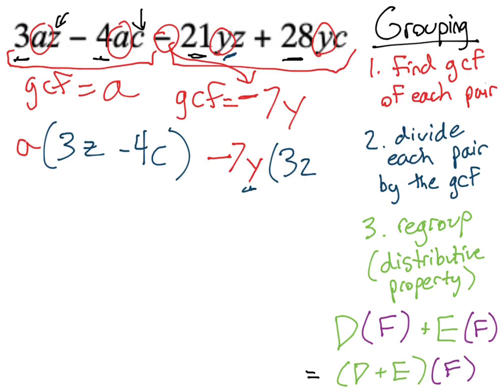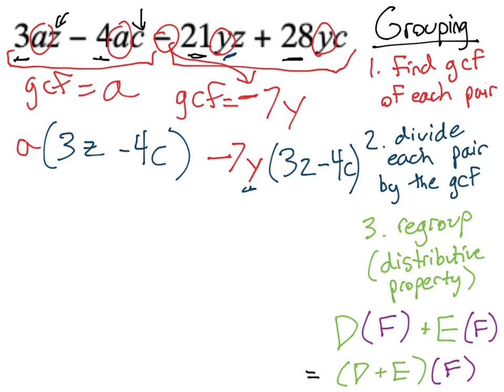If we divide the final term by -7y, +28 divided by -7 gives us -4, and y divided by y cancels out, and we're still left with c.